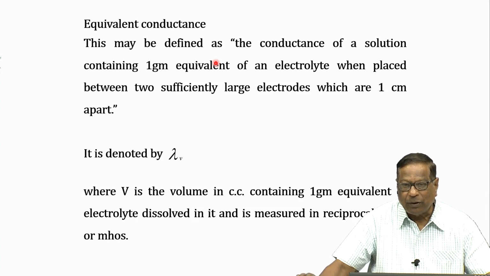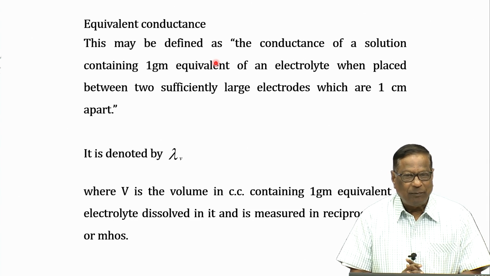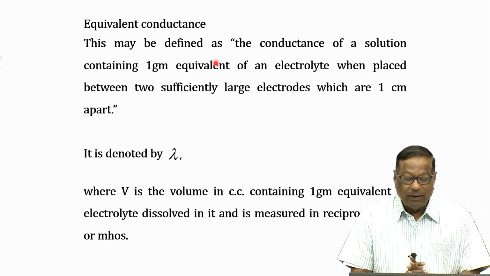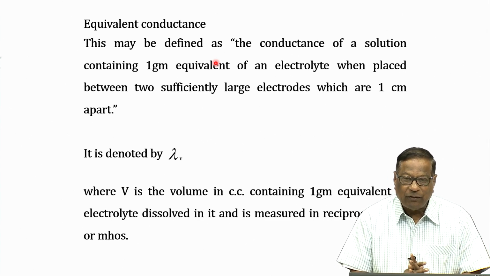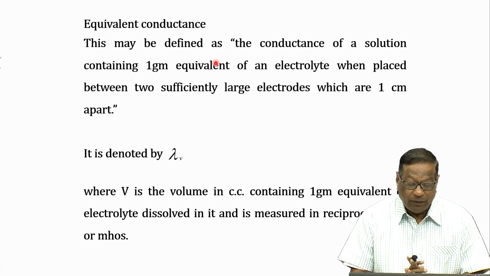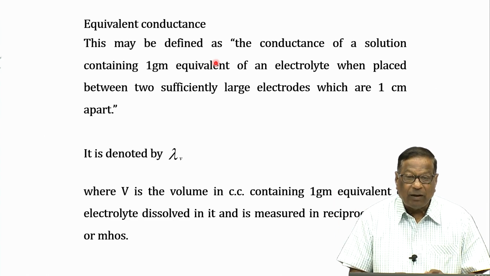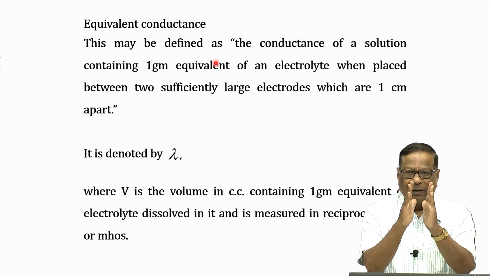Now, what I taught you about the basic concepts of chemistry will become very useful, because I am going to talk about many of those technical terms now. 1 gram equivalent of any salt, if I dissolve, is called an electrolyte, when placed between two sufficiently large electrodes which are 1 centimeter apart, with solution in between.